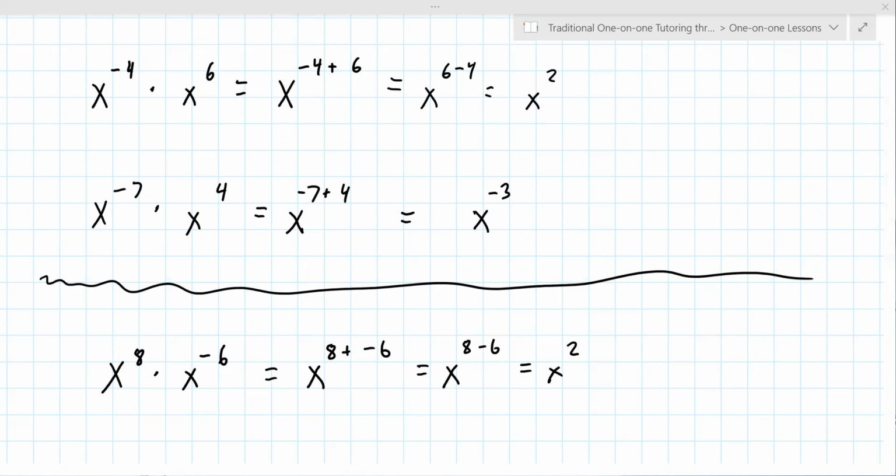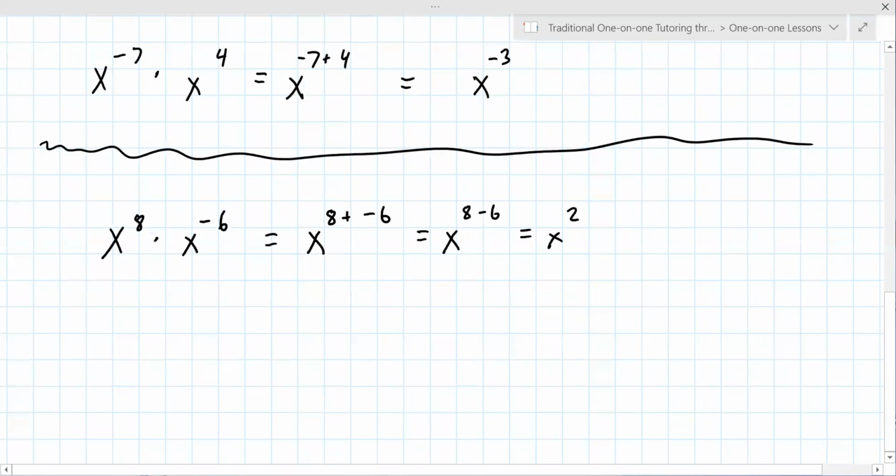Is that okay? Is that clear? So that equals x squared.